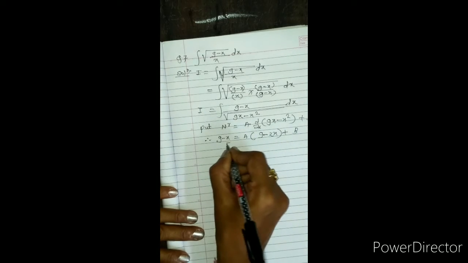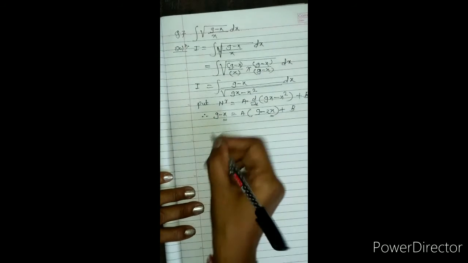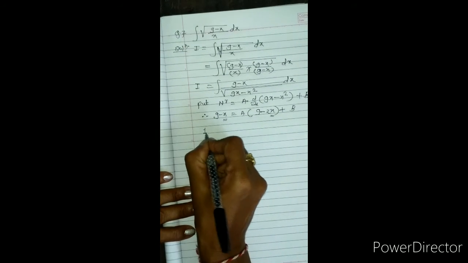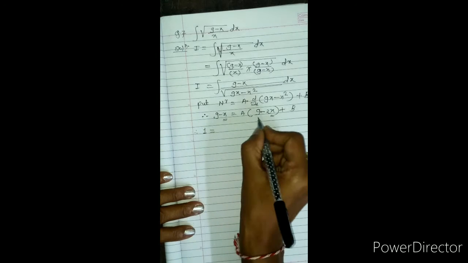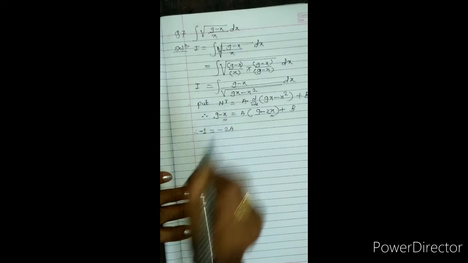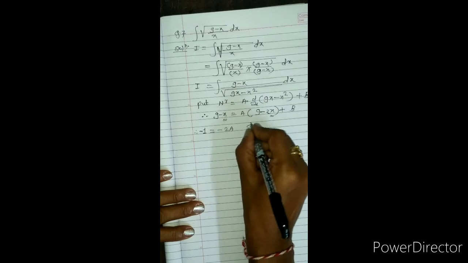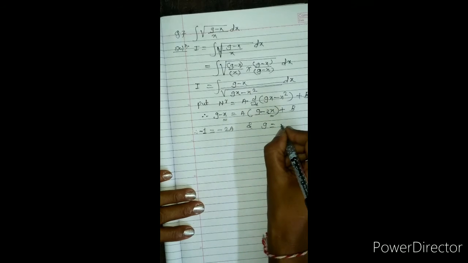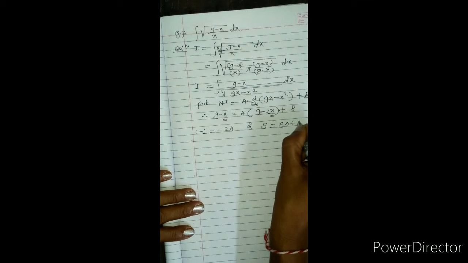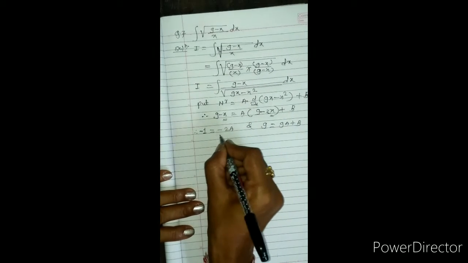Now we compare the coefficients of like terms. So here the coefficient of x is minus 1, which is equal to the coefficient of x, minus 2 into a, means minus 2a. And the second equation is 9 is equal to 9a plus b, where 9a and b are the constant terms.